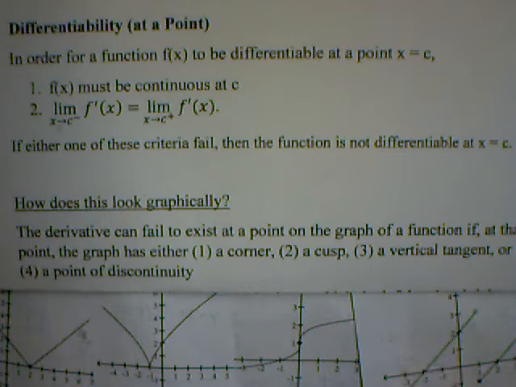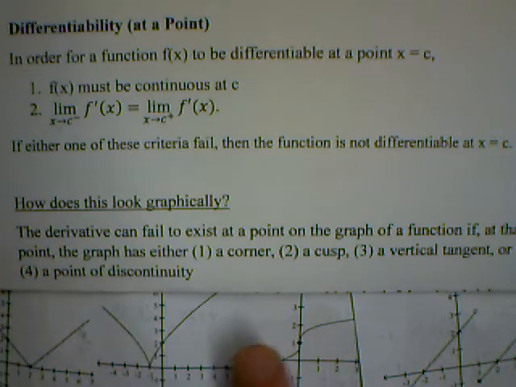When you look at the first three graphs, 1, 2, 3, at the point that we're analyzing, so here it's 2, here it's -1, here it's 0, the function is continuous because there are no holes or asymptotes in the graph.